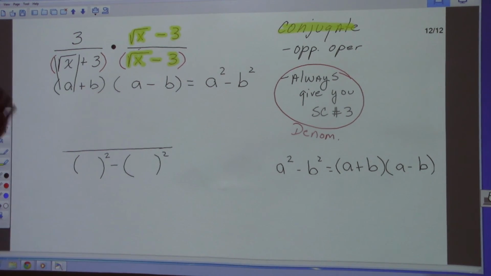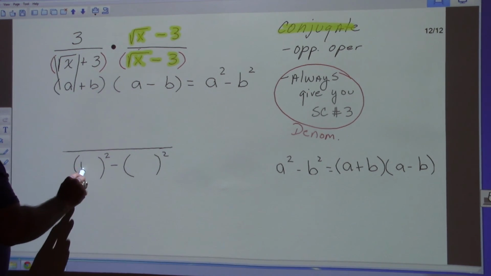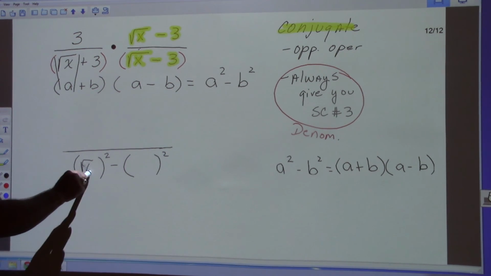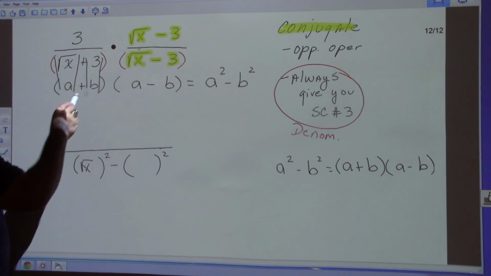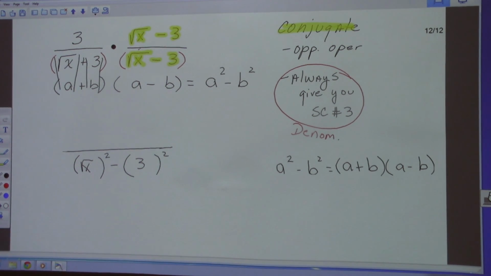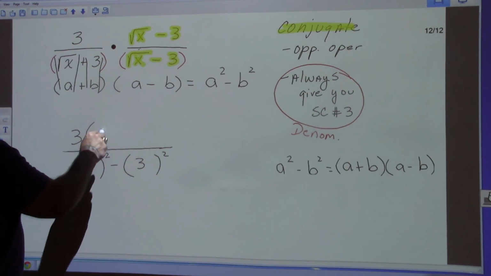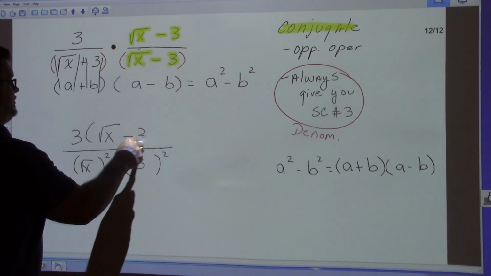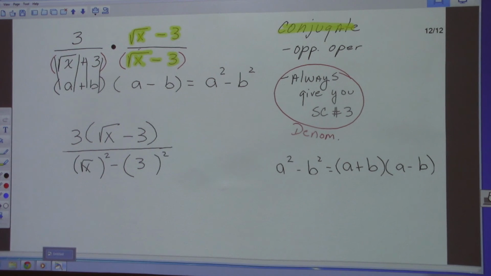I don't care about the numerator. Numerator is the least of my worries right now. Because what is the objective? To get the denominator clean as far as a radical. Yes, you're right. So square root x. And then what's b? And up top you get 3 times the square root of x minus 3. That's all. We don't care about that.